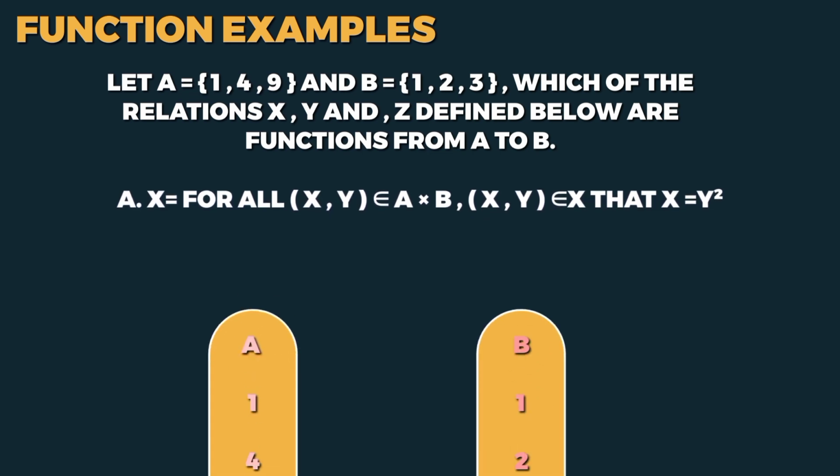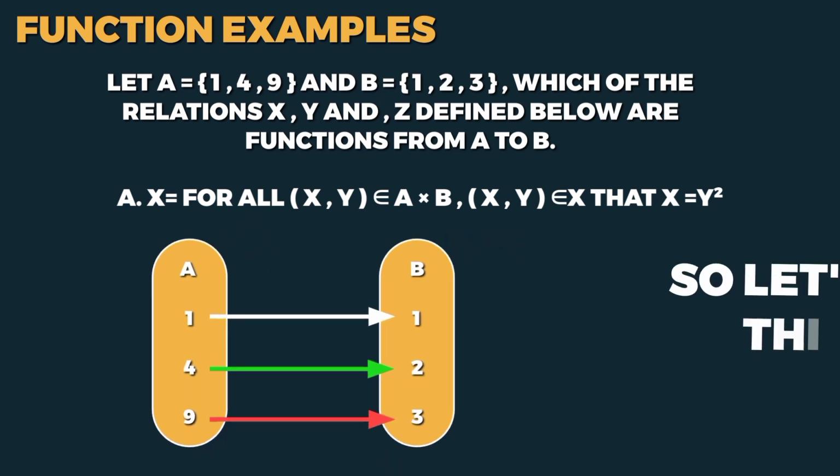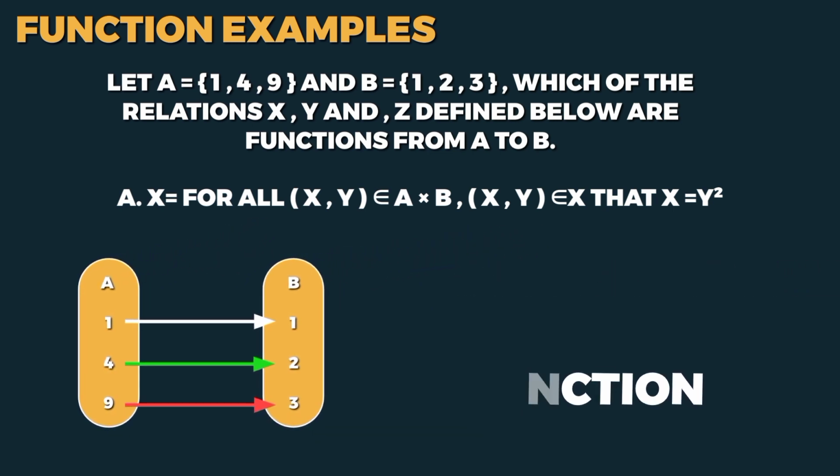We have our A {1, 4, 9} and B {1, 2, 3}. The relation here is x equals y squared. So 1 maps to 1, 4 maps to 2 because 2 squared equals 4, and 9 maps to 3 because 3 squared equals 9. So let's see if this is a function.